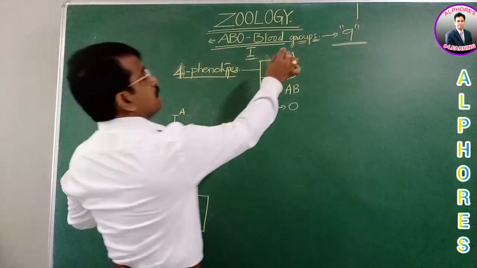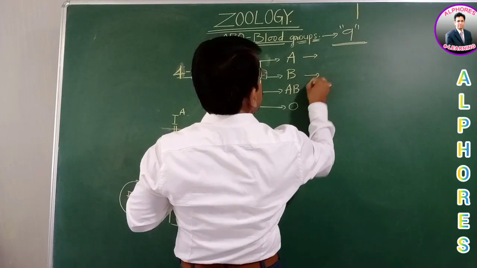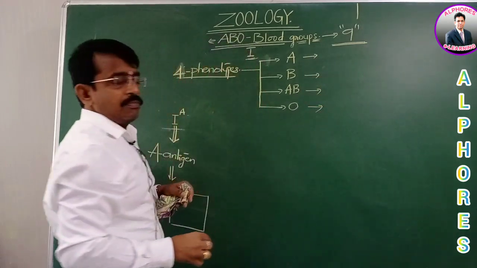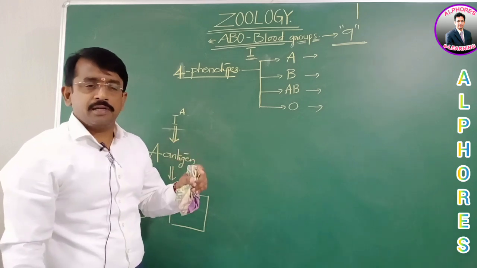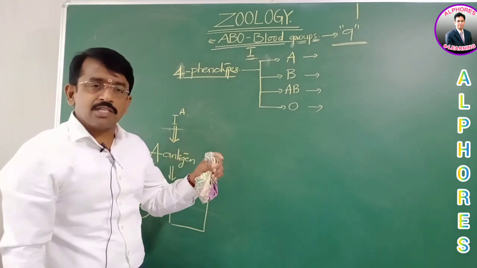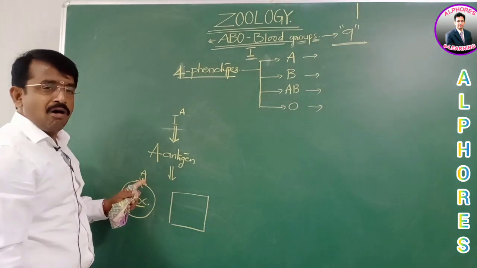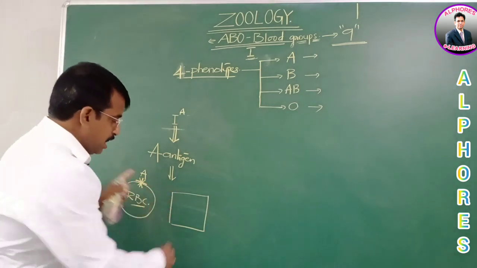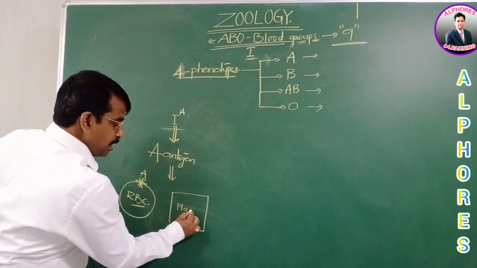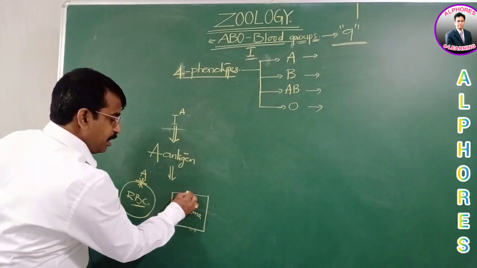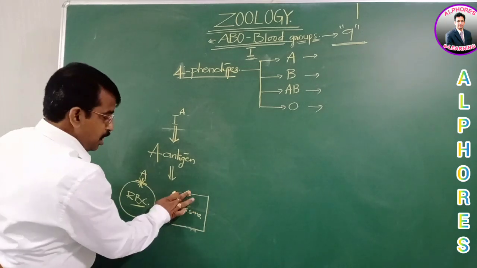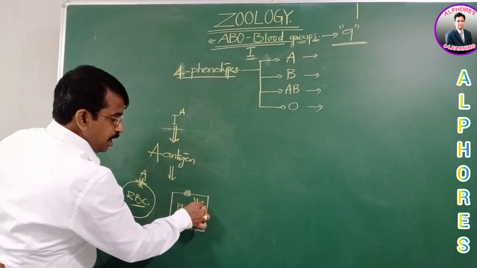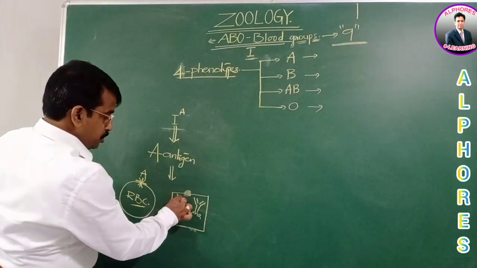For all the blood groups, look here, A, B, AB and O, generally the phenotype of a blood group can be determined by the antigen it has on the plasma membrane of the RBC and the antibody present in the plasma. Look here, this is the diagram of the antibody. Look here.